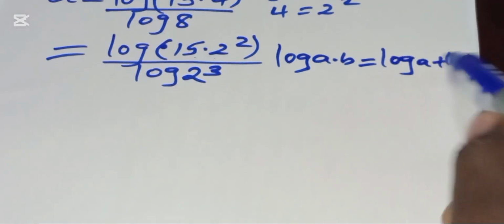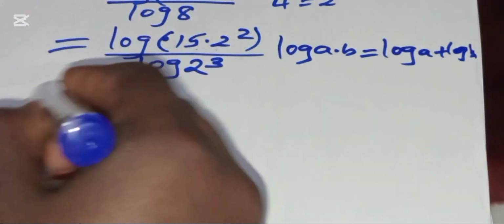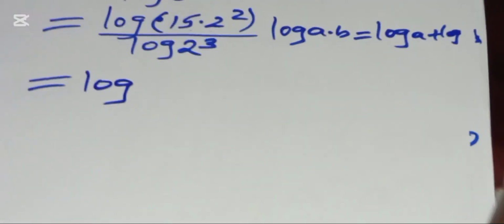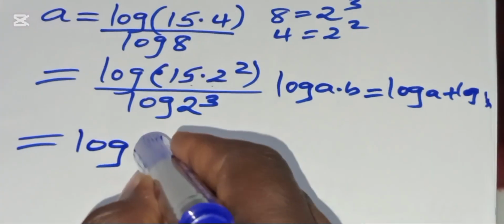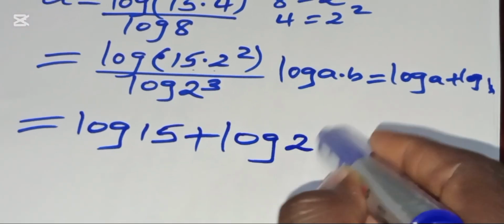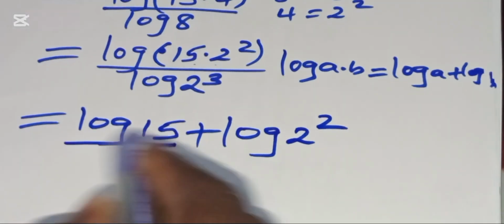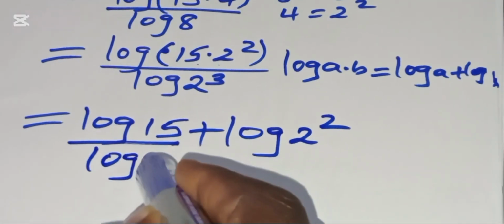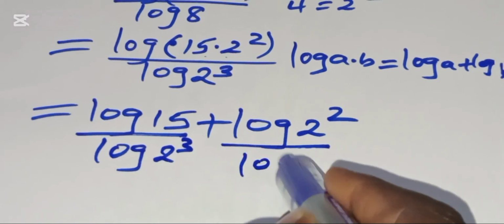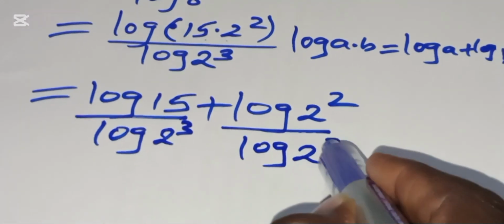Applying this property, this is the same thing as log 15 plus log 2 raised to power 2, divided by log 2 raised to power 3.